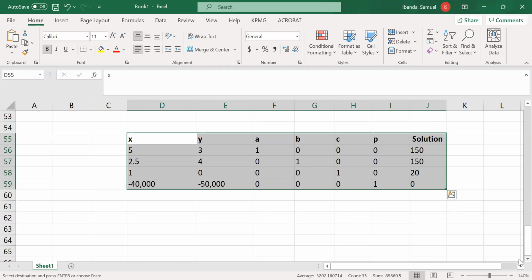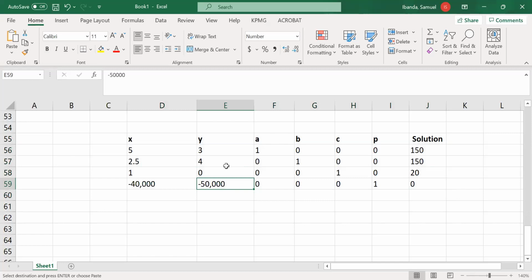Now, when you have this first W, the next thing you're going to do is look at the W and choose what has the higher negative. The higher negative is actually at this point.